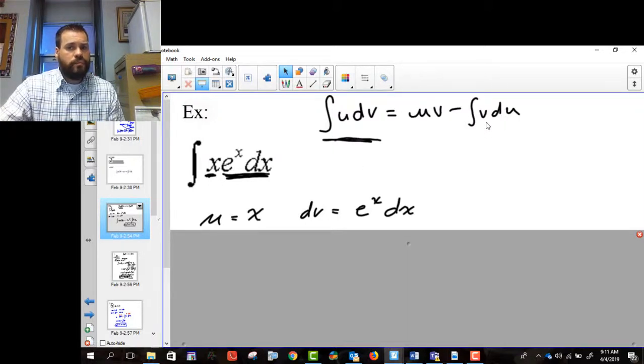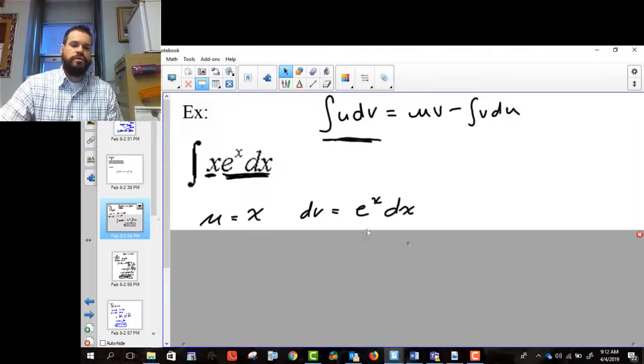So if v and du are going to be things that are smaller, in other words, they decrease this, then that makes me happy. If I let u equal x, then du is just going to be 1, or just dx. So it's getting smaller. If I let u equal e to the x, the derivative of e to the x is e to the x, so it's not going to get any smaller. So it doesn't help me to let u equal e to the x.